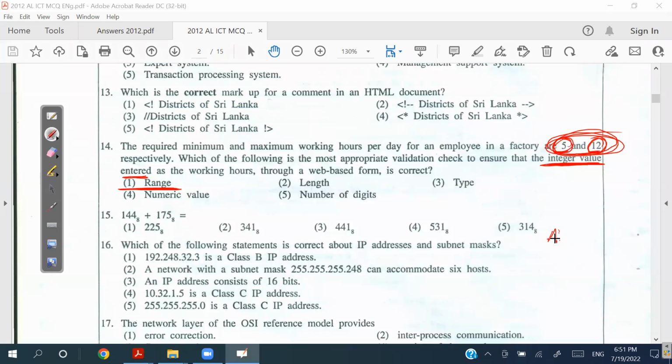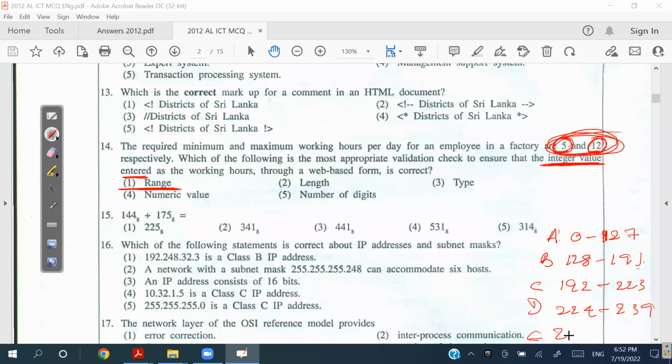First, you have to think about the range of the first octet. 0 to 127 is A, 128 to 191 is B, C is 192 to 223, D is 224 to 239, E is 240 to 255. This is one particular fact.